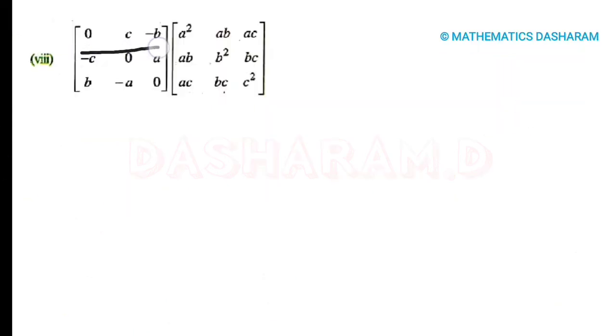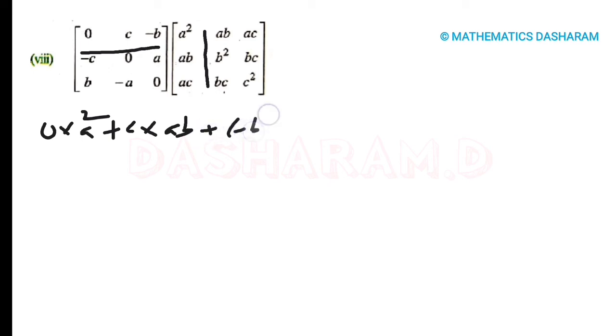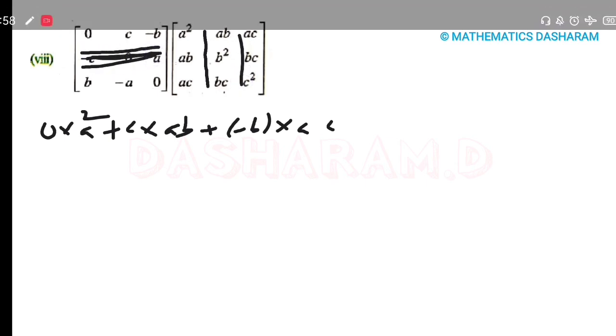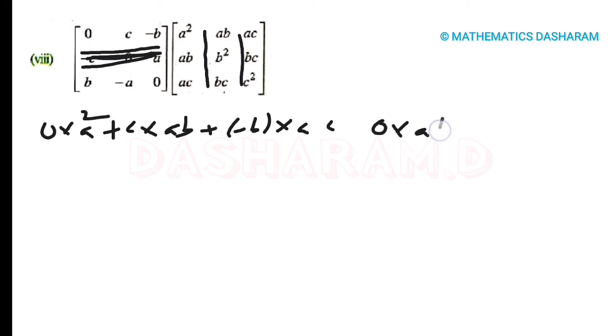First row and first column: 0 into a square plus c into ab plus minus b into ac. Okay. Next, first row, second column: 0 into ab plus c into b square plus minus b into bc.